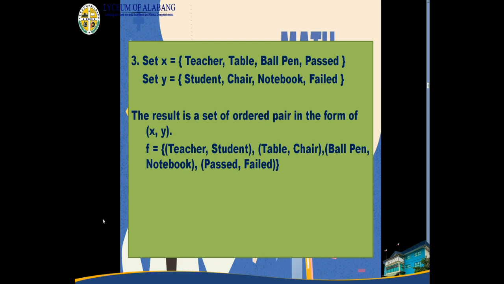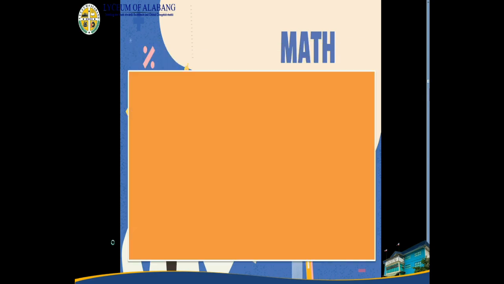Therefore, f is equal to the set of teacher and student, table and chair, ballpen and notebook, pass and failed. Number 4, f is equal to the set of 1 and 2, 3 and 4, 5 and 6, 7 and 8. The last example shows that each value of x corresponds with exactly one value of variable y.